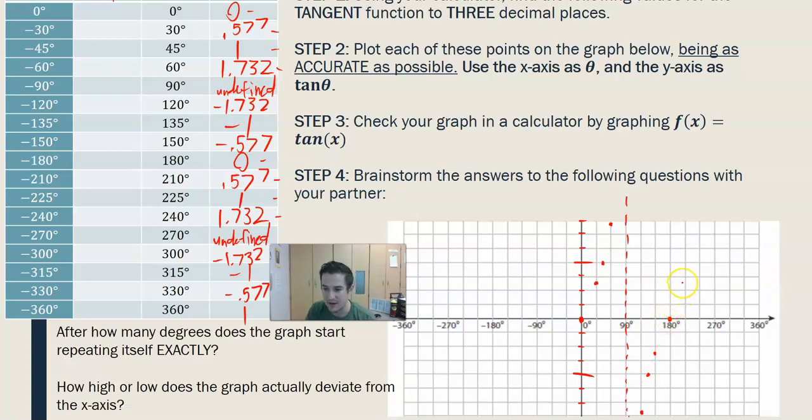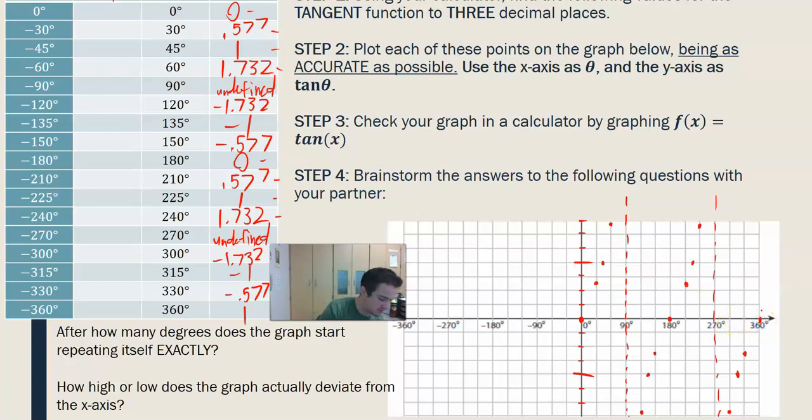And then again, I'm going to have 0.577, 1, 1.732, and an asymptote at 270 degrees. Do you see what's happening? At 300 degrees, I have negative 1.732, and then negative 1, negative 0.577, and 360 degrees is, that should have been 0.